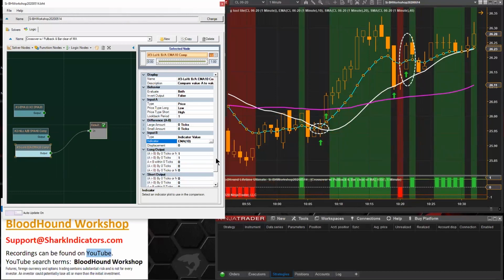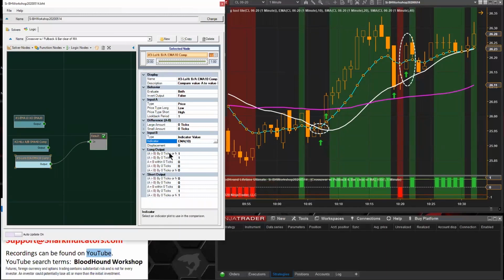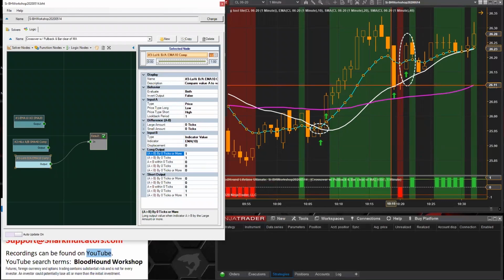And let's see here. Oh, we need to adjust, let's pull this down. We need to adjust our outputs here, because the low has to be less than our moving average. The low price is below or less than the moving average. Remember, our low price is input A, and we want A to be less than B, and B is our moving average.